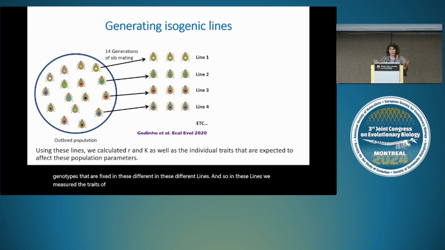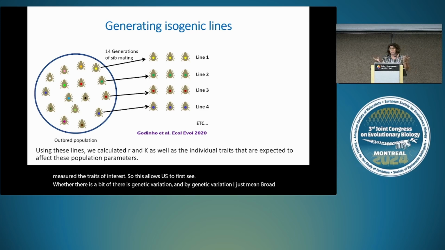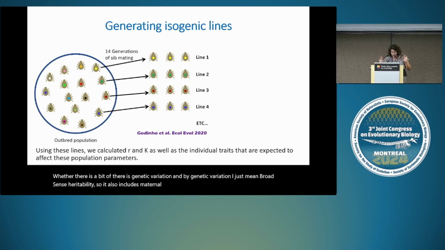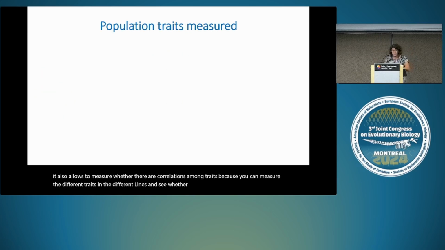So this allows us to first see whether there is genetic variation, and by genetic variation I just mean broad sense heritability, so it also includes maternal effects. I'm not saying it's completely genetic, but it also allows us to measure whether there are correlations among traits, because you can measure the different traits in the different lines and see whether they correlate. So this is what we did.